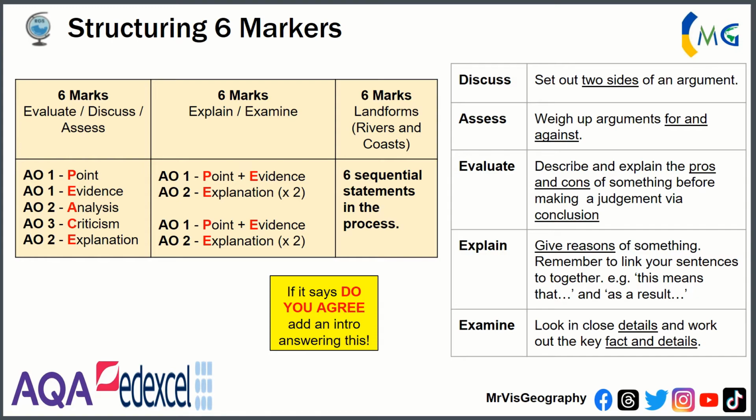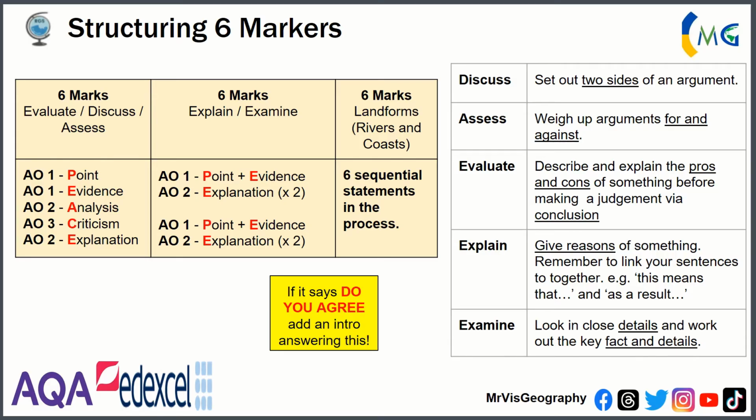If it's an explain or examine, you don't have to give both sides. You make a point, give a bit of evidence, and explain it twice. So it's basically like a 3 mark answer, but you do that twice. Does that make sense? You don't do 3 points and 3 explanations. You can, but you'll be stuck at about 4 or 5 marks. If you want to get 6 marks, you make 2 points, a bit of evidence, and you explain each point twice.